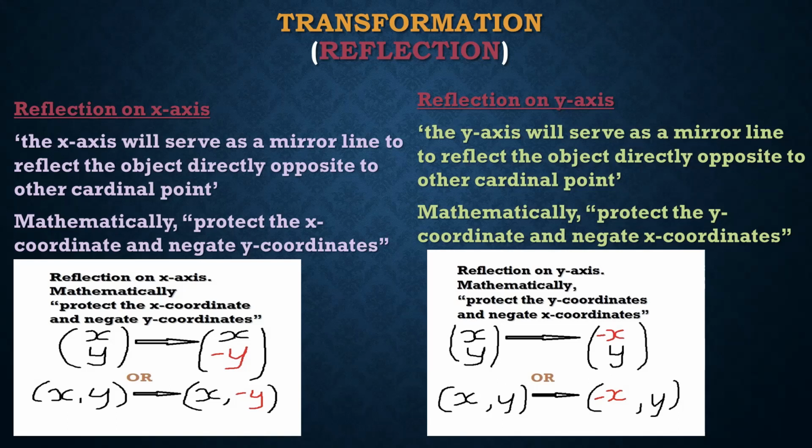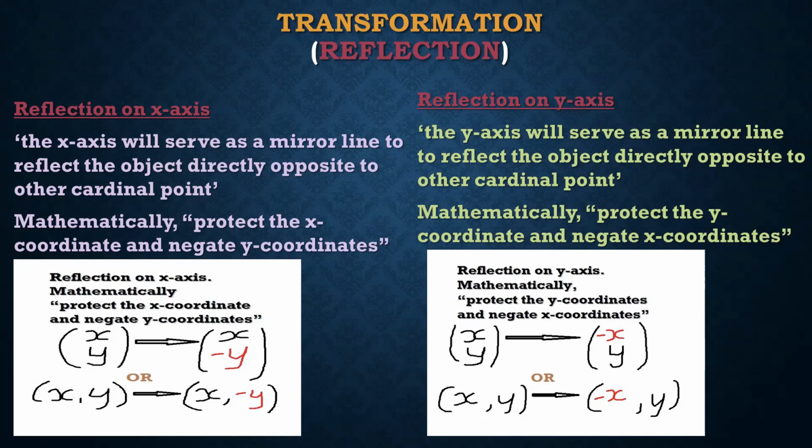Now, mathematically, we can also do the calculation to agree with the graphical interpretation. What we said was the graphical interpretation, how you can use the graph to determine reflection on the x-axis. But you can also do the manual calculation to identify where the object will be reflected to.